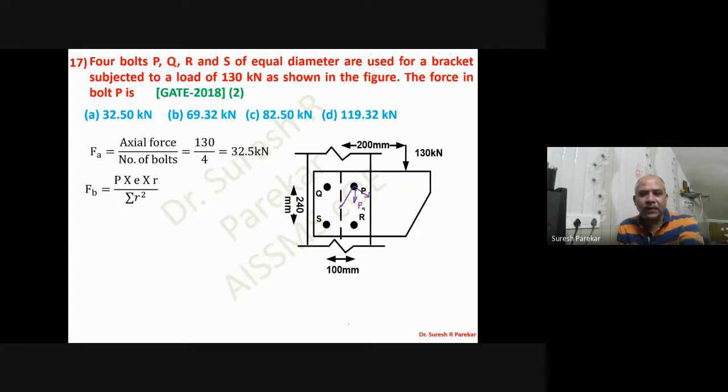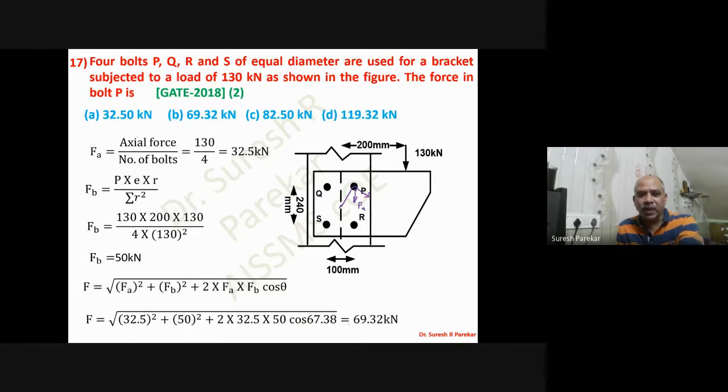So we will get FA as 130 by 4 because we have 4 bolts. So 32.5 kilonewton, and then FB is P into E into R upon summation R square. Now we have centroid over here, and this distance will be 240. So we are going to get horizontal 120 and vertical we have 50.